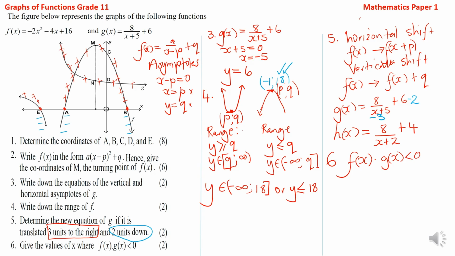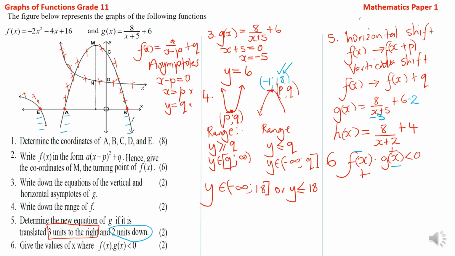F of x times g of x is less than 0. It means this product is a negative product. To get a negative product, we must multiply different signs. So we look at our graph for some way where the signs of the graphs are not the same. So the answer basically is determined by the x-intercepts.